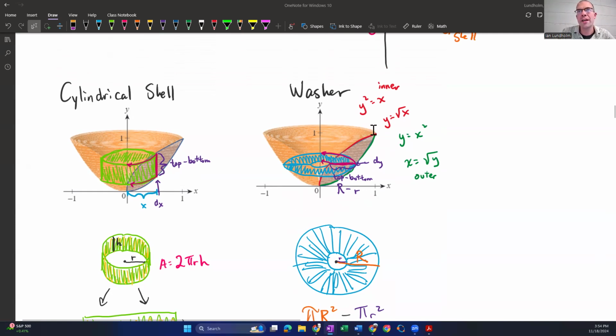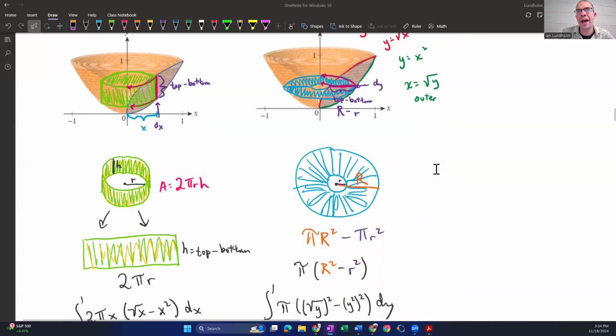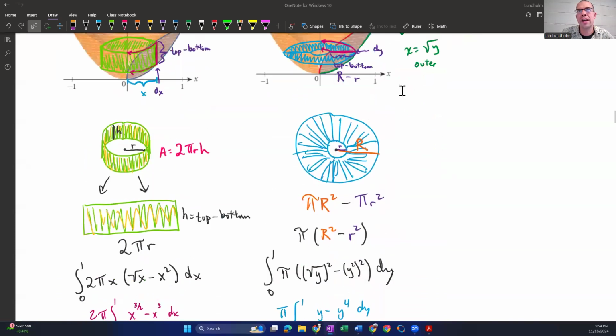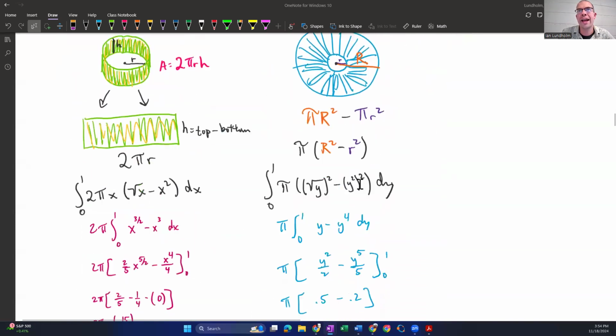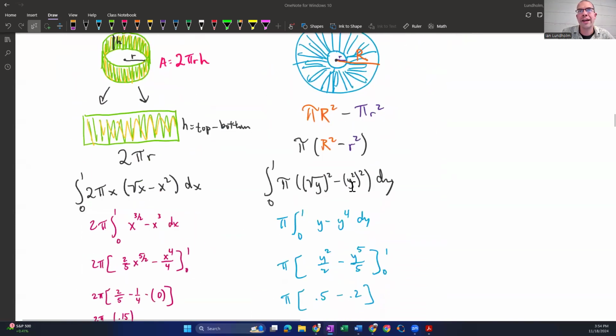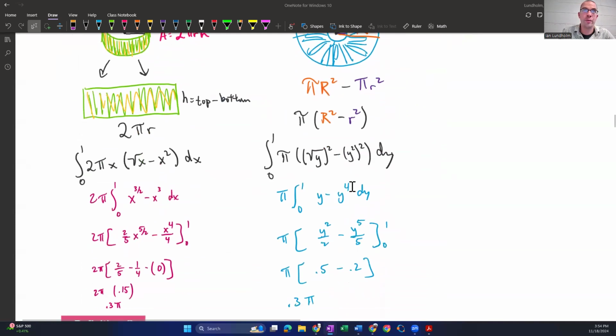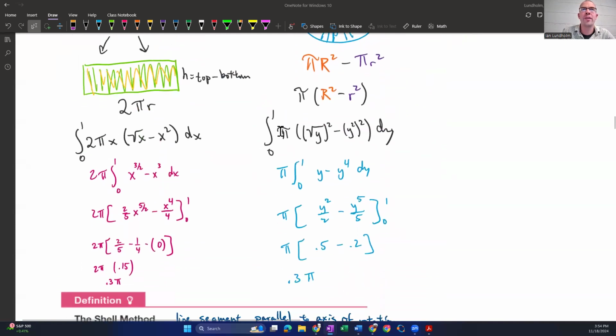So when we come down here, you're going to see the square root of y acting as the outer radius and y squared acting as the inner radius. And then we've got this whole thing. We've got the area of a circle. If it's just a disk, it's just pi r squared. No big deal.